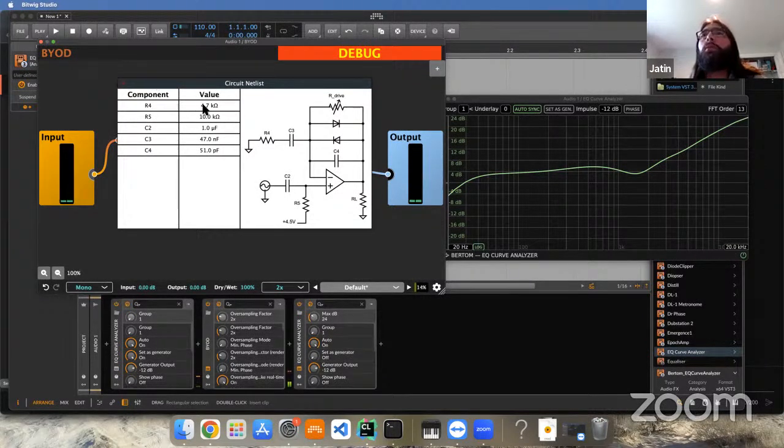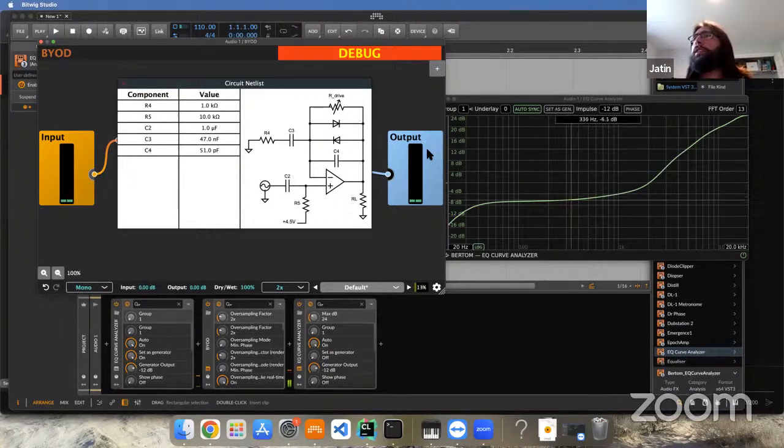So for R4 here, this is the resistor going from the feedback process to ground. So let's see if we make that a smaller resistor. Yeah, you can see that if we make that resistor smaller, we get more of a scoop here in the middle frequencies.